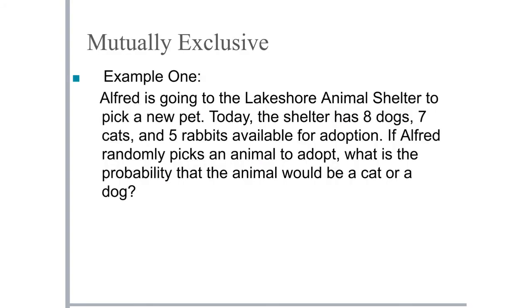So here's an example. Alfred is going to the Lakeshore Animal Shelter to pick a new pet. Today, the shelter has 8 dogs, 7 cats, and 5 rabbits available for adoption. If Alfred randomly picks an animal to adopt, what is the probability that the animal would be a cat or a dog?